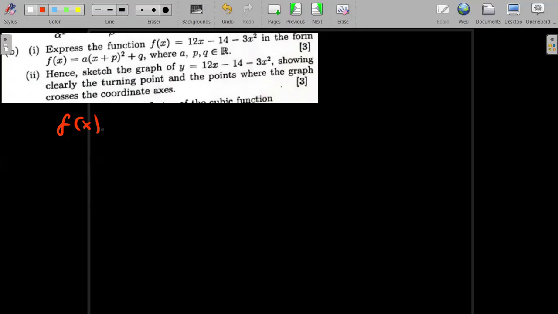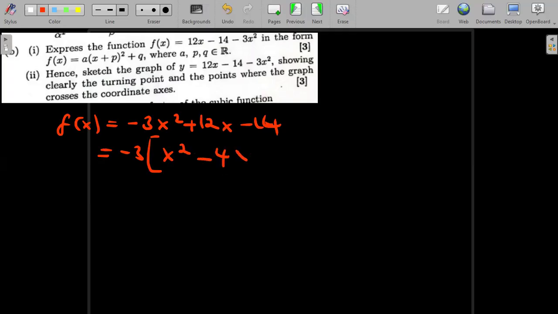So we have f of x equal to negative 3x squared plus 12x minus 14. Then here, what I do, I factor out the negative 3, such that I have x squared. Then that is going to give me 4x.